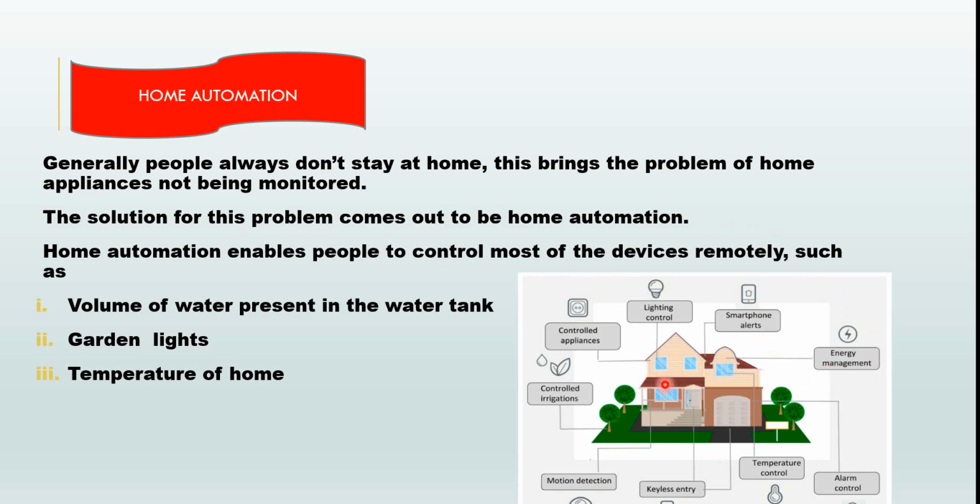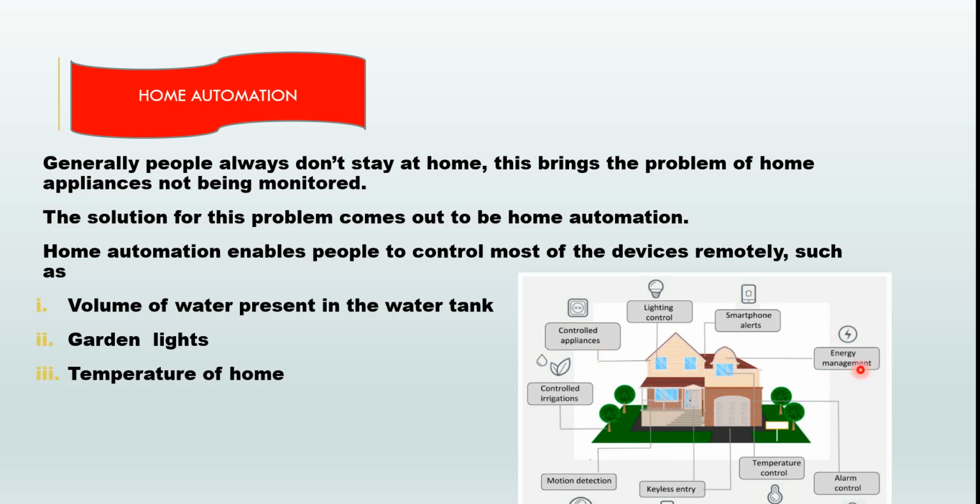For example, in our home the lights can be controlled, and we can get smartphone alerts when the heater is heating more than 50 degrees Celsius. Energy management, alarm control systems, temperature control systems, keyless entry for the door for theft protection, motion detection sensors, and controlling irrigation systems for gardening.